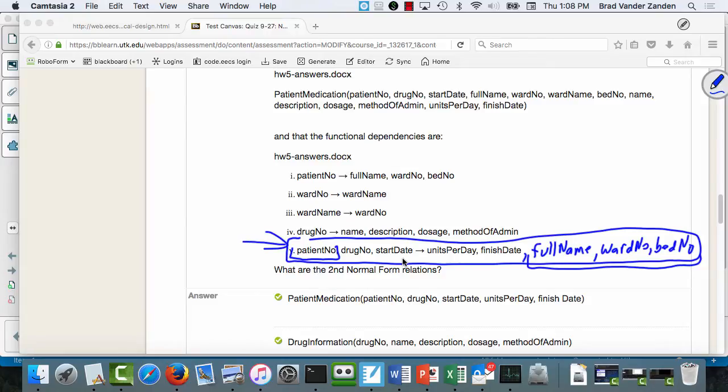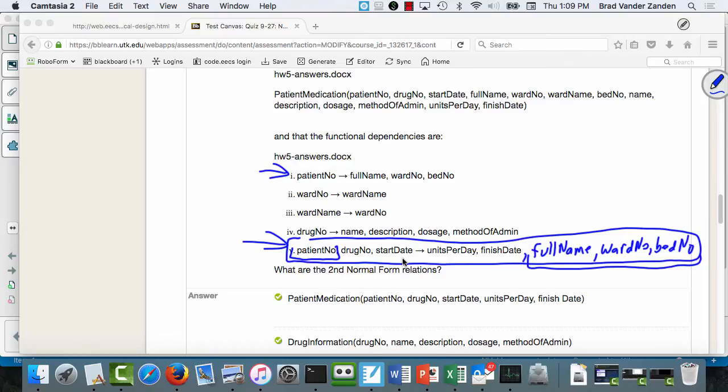Then later, the book turns around and calls this a partial dependency. And that's wrong. Exactly. So the book tried to give you two different definitions for partial dependency, and that's what's confusing.